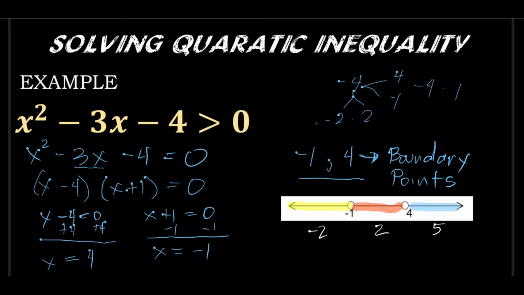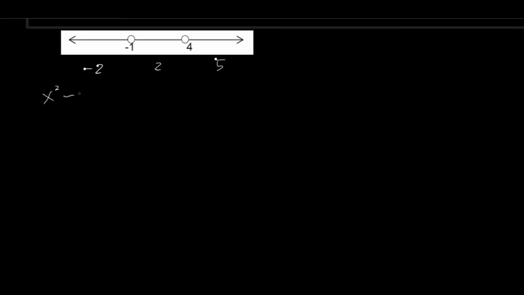So sige, i-solve natin. Since ang kinuha nating test point is negative 2 and positive 2 and 5, substitute lang natin yan doon. So unahin natin dito sa negative 2. So meron tayong x squared minus 3x minus 4 is greater than 0. Substitute lang natin yan sa ating given. So negative 2 squared minus 3 times negative 2 minus 4 is greater than 0.